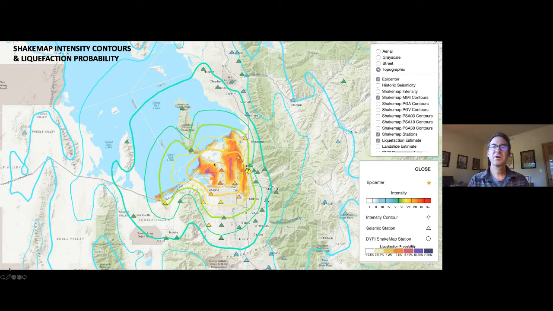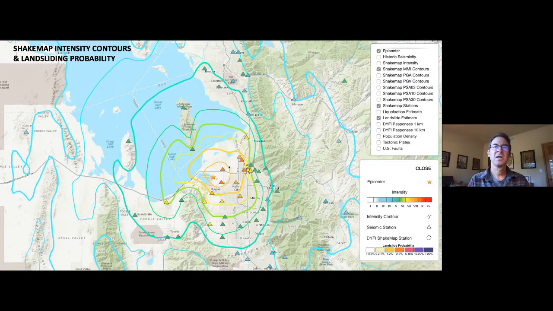So there were some areas of liquefaction in the areas indicated, and so that was fairly successful in terms of the distribution of potential liquefaction. This is the landslide map, and there's no landslides probable, and that's because the shaking ends right where the mountains start. If there was strong shaking within the mountains, we'd expect to have very significant landslides in the mountainous areas. So this again is very useful.